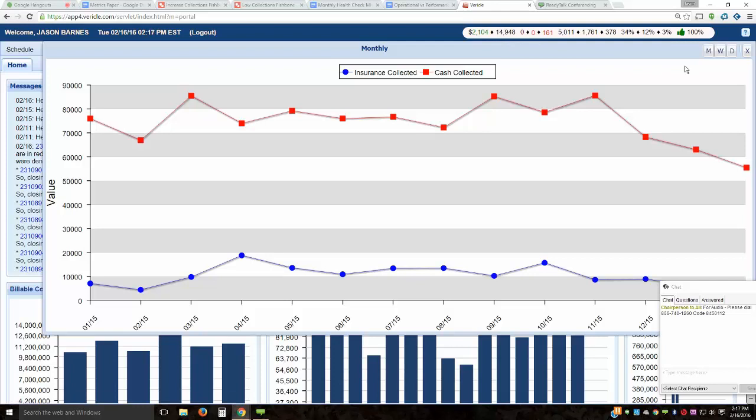Here, you're going to see there's a $5,000 amount that's sitting out there beyond 30 days in age, $1,700 waiting beyond 60 days, and only $378 waiting beyond 120 days. Accounts receivable over 120 days is the indication of a poorly performing practice. I will say that again. If this number is high, it means that your practice is performing poorly.